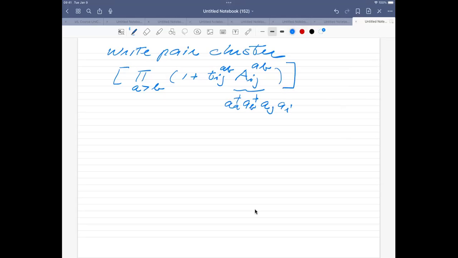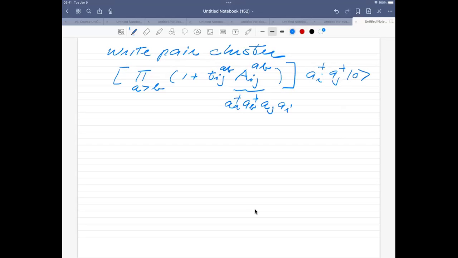And this now acts on a two-particle state. What I've done now is put these i and j to be the same so that I can write it out in a simpler way. So what I would have then is a state of this type, just a two-particle state.